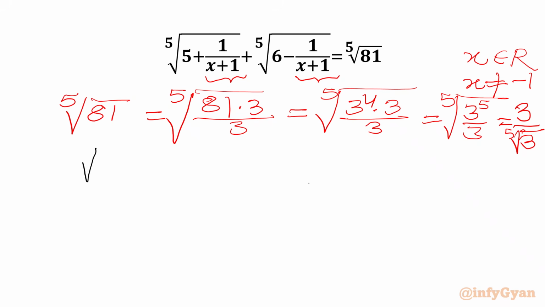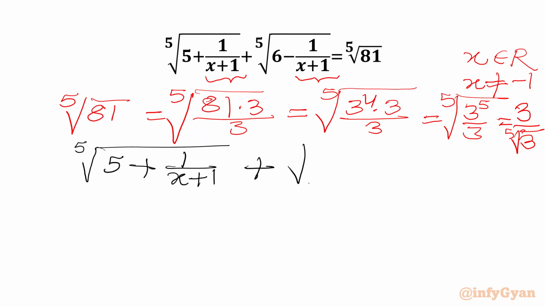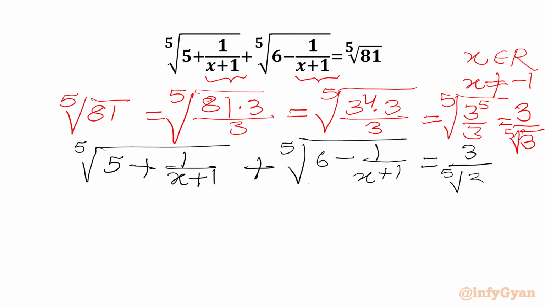Let me write here fifth root of 5 plus 1 over x plus 1 plus fifth root of 6 minus 1 over x plus 1 equal to 3 over fifth root of 3. Now we will take LCM on the left hand side.